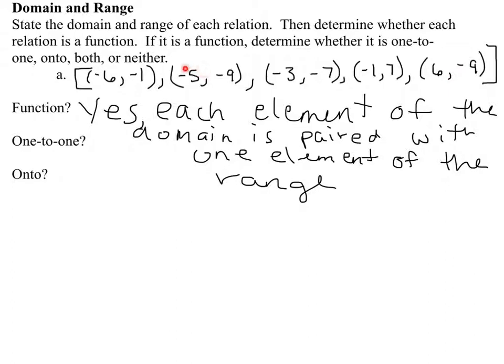Now, if our x value on both of these was the same, then we would say that it was one-to-one. But in this case, -5 maps to -9, and then 6 also maps to -9. So for one-to-one, we're going to say no, because there's not a unique range.